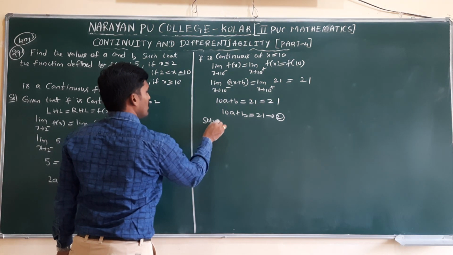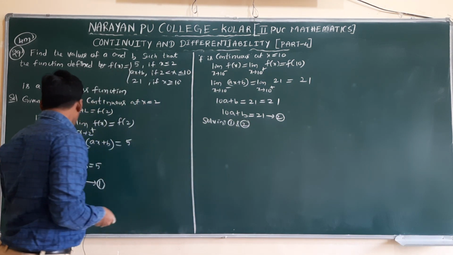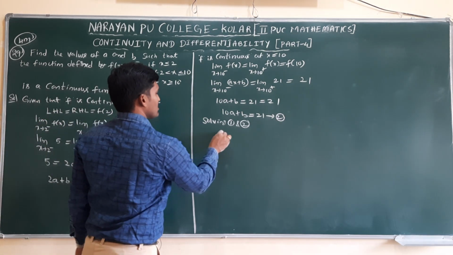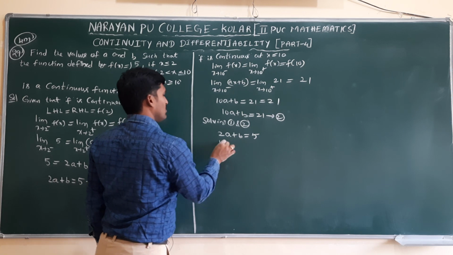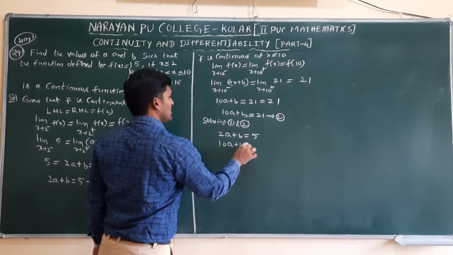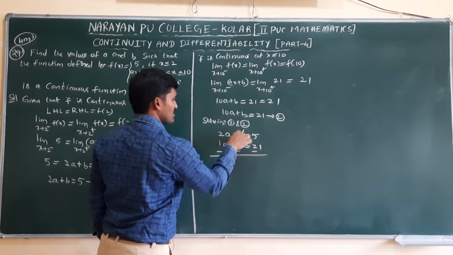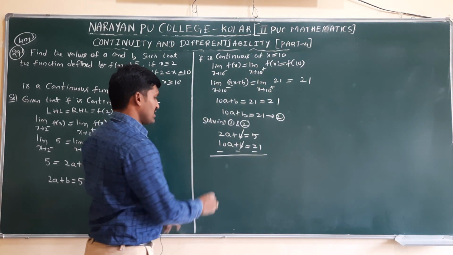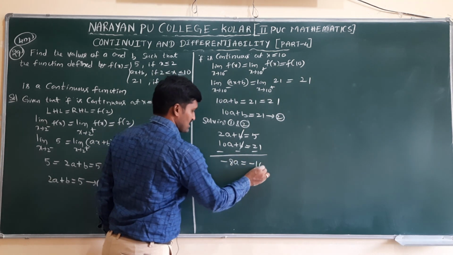Now we need to solve 1 and 2. First equation: 2a plus b equal to 5. Second: 10a plus b equal to 21. Subtract. 2a minus 10a is minus 8a. 5 minus 21 is minus 16.